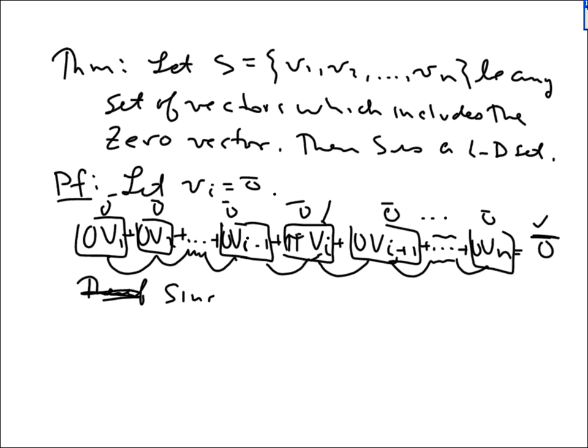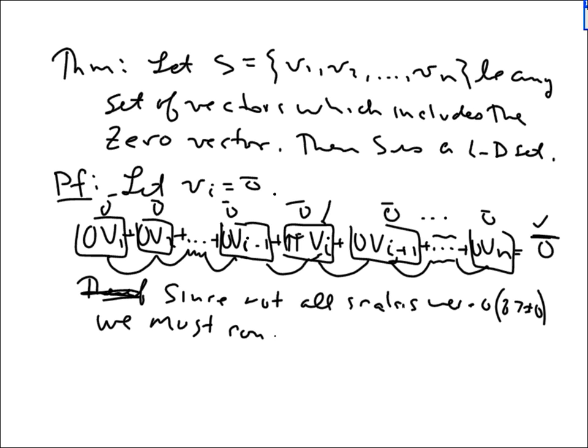Okay, since not all scalars were 0, 87 does not equal 0. Since not all scalars were 0, we must conclude that S is a linearly dependent set of vectors.